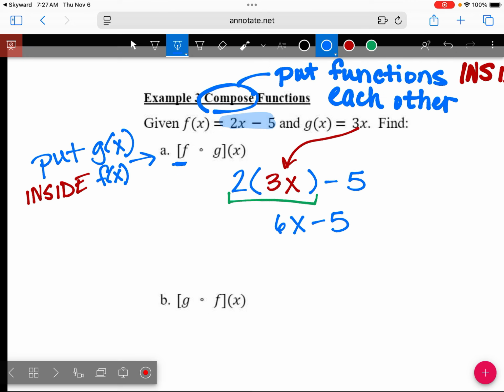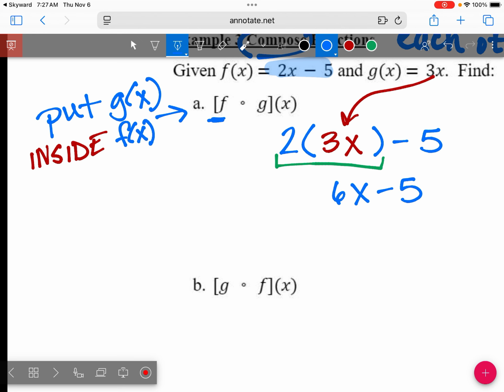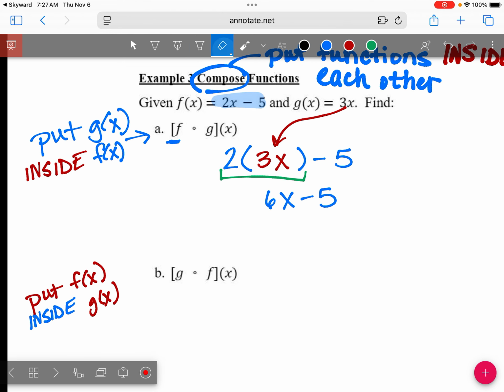Now the second one here is saying put the f of x inside the g function. So I'm going to do that backwards. So now what I'm going to do, instead of writing my f function with parentheses, I'm going to write my g function with parentheses.